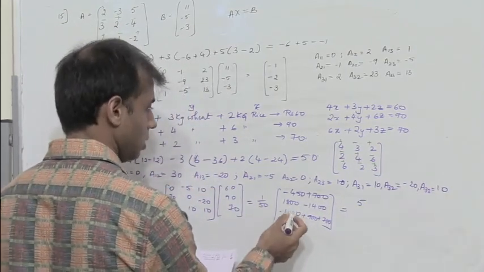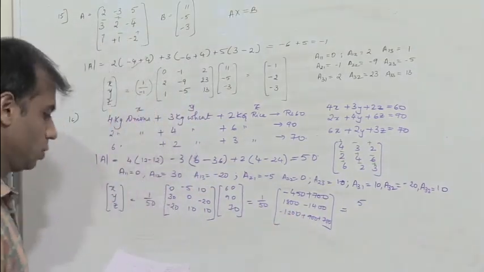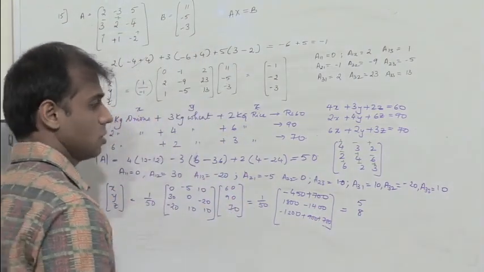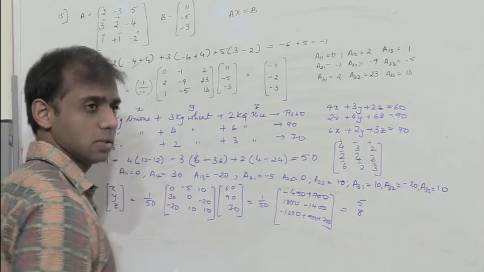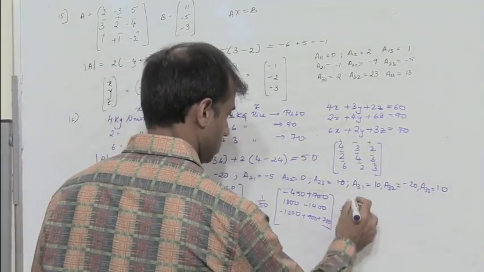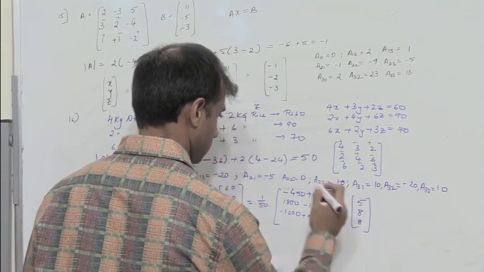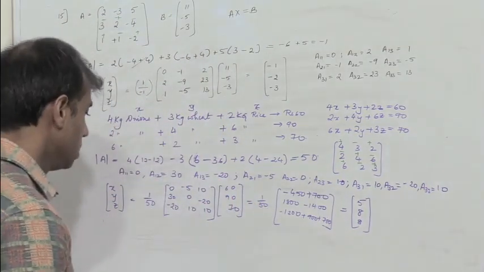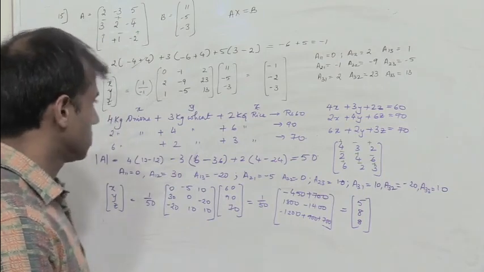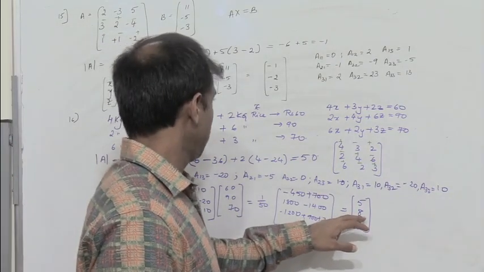Next here we get 400 divided by 50, which is 8. So 900 plus 700 is 1600 minus 1200, which is 400 divided by 50, which is again 8. Right? So therefore the cost of onion per kg is 5 rupees and wheat is 8 and rice is 8.